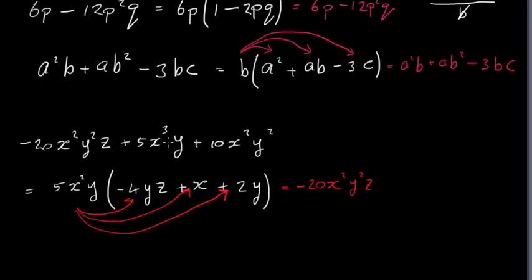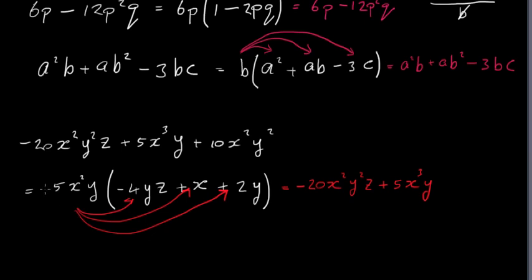Now let's look at our second term here. We do the signs first. Plus times this plus here will give us plus. 5 times, there's a 1 here, so that's just 5. X squared times x is x cubed. Then we have a y, and there's no y here, so we'll just put that y here. Is the second term 5x cubed y? Yes, it is 5x cubed y, so that's fine.